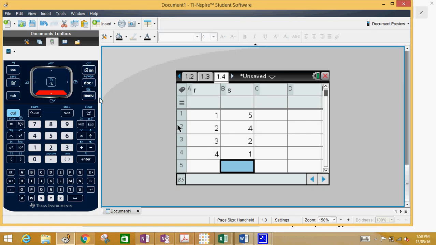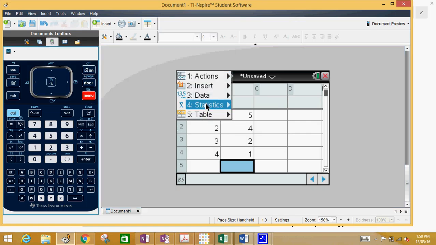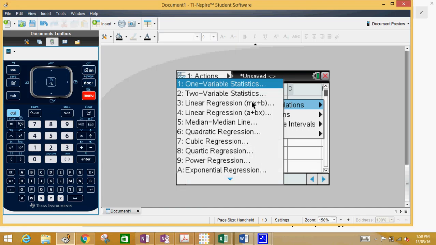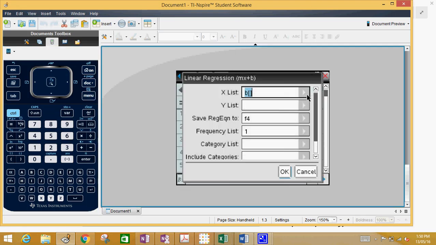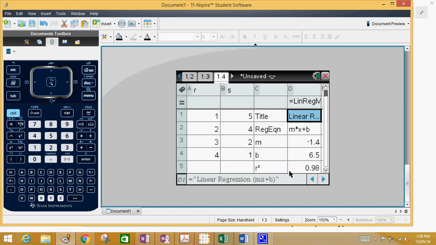Okay, so now you've got your data. You go to Menu, Statistics, Stat Calculation, and you go to Linear Regression Line. And we call this RNS. Okay, and your R value, it's down here.